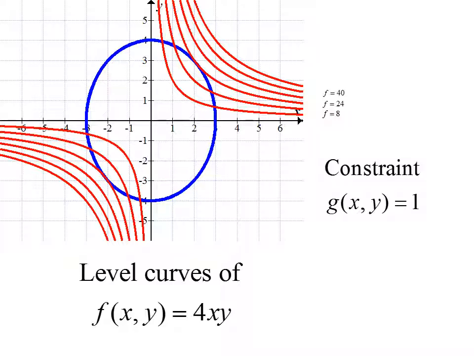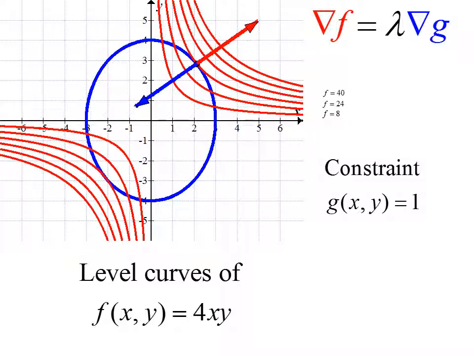And so we want to find a point somewhere where the gradient of the f function, notice how that's perpendicular to the contour lines, and the gradient of the g function are some multiple of each other. That, in essence, is the Lagrange method.